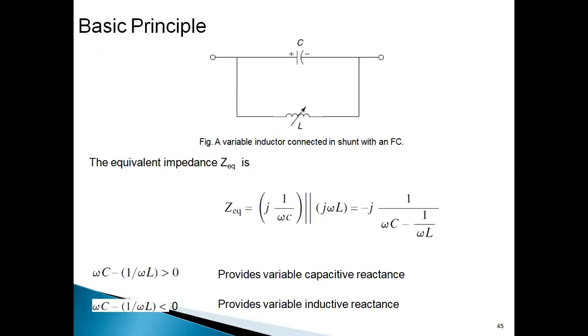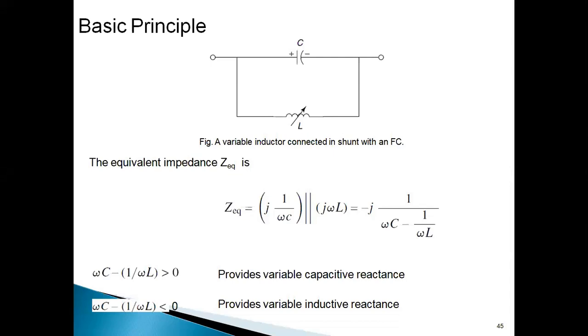You can take time to simplify later, and we will get this equation. From this, we conclude under which condition it provides variable capacitive reactance and under which condition it provides variable inductive reactance. There are two modes, capacitive mode and inductive mode. In SVC also I told capacitive mode and inductive mode. That's why we say that both exchange.